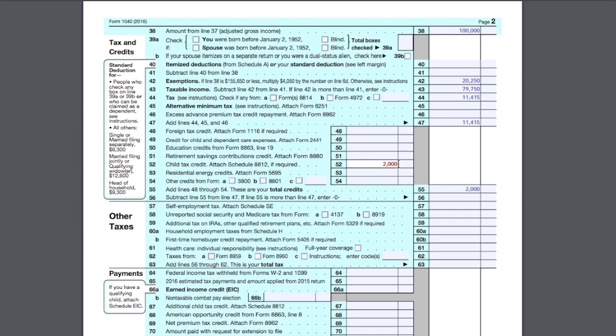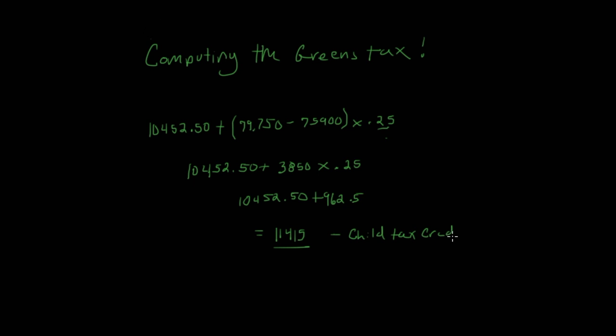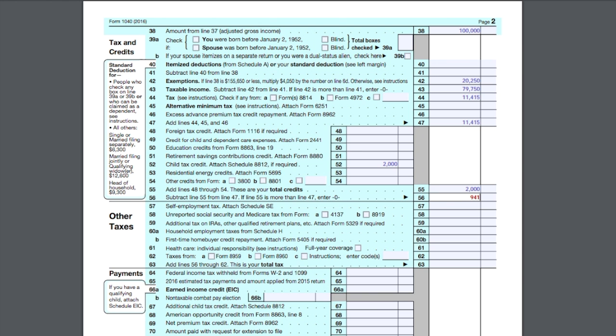For line 56, what you do is you subtract $2,000 from your tax, which is line 47, $11,415, and then you get a value of $9,415. And then we can go ahead and put this on line 56. There it is. And some of you guys might be wondering what exactly this number represents.